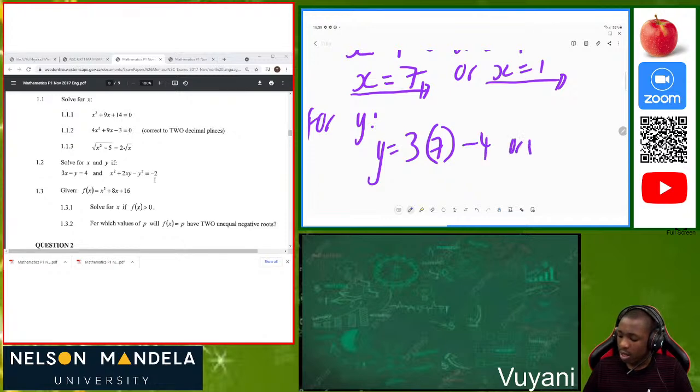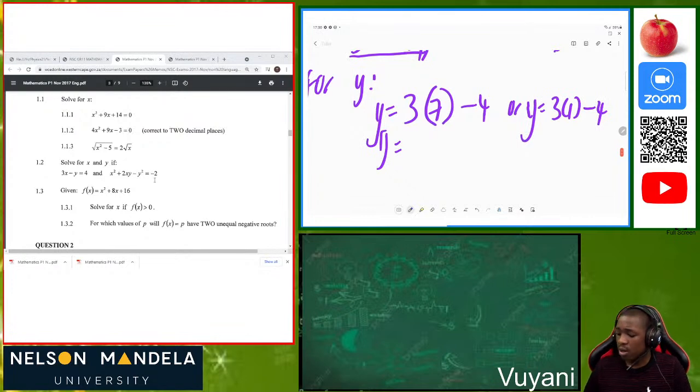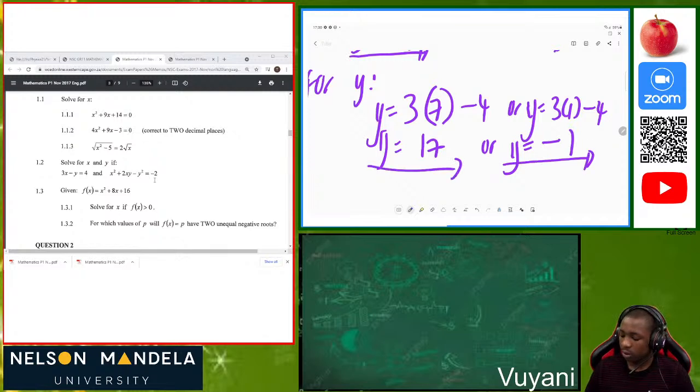So y will be equal to 3 times 7 minus 4, which is 21 minus 4, which is 17. Or y will be equal to 3 times 1, which is 3, minus 4, which is negative 1. Then you get your two answers. So you are done solving your equation simultaneously.